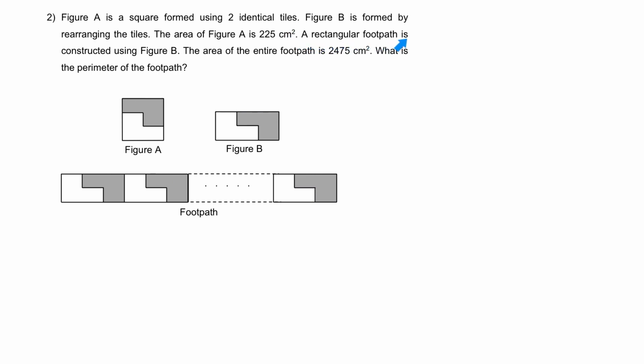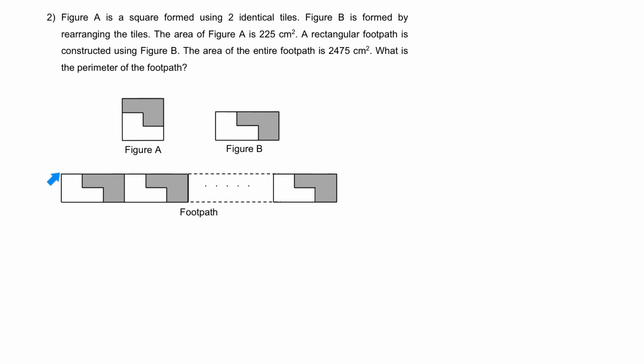A rectangular footpath is constructed using figure B, meaning they're going to take multiple figure B and join them side by side in this manner to form the footpath. The area of the entire footpath is 2475 cm square. What is the perimeter of the footpath?